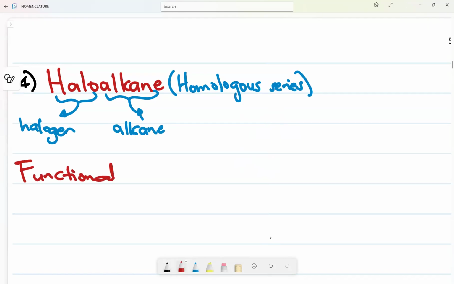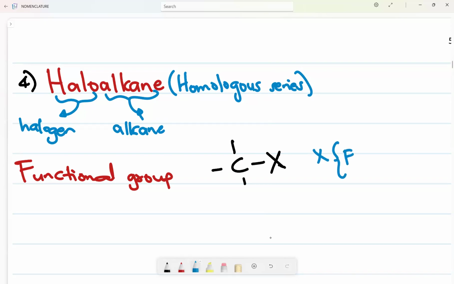What makes this special is that we have a carbon, and one of the bonds of that carbon should consist of a substituent, which is referred to as a halogen, X. This X can be fluorine, chlorine, bromine, or iodine.